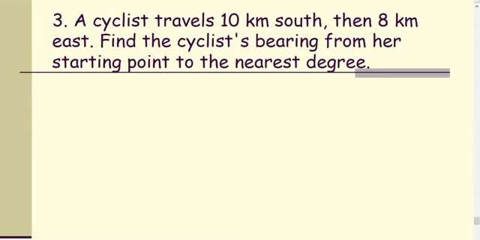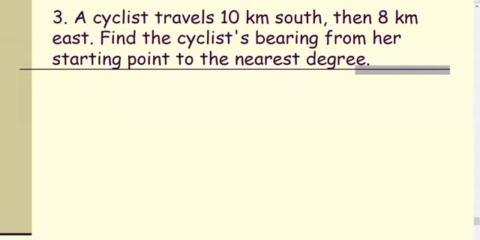In this example, a cyclist travels 10 kilometers south, then 8 kilometers east. Find the cyclist's bearing from her starting point to the nearest degree. This time, the problem gives you the distance east and the distance south. Example 3.